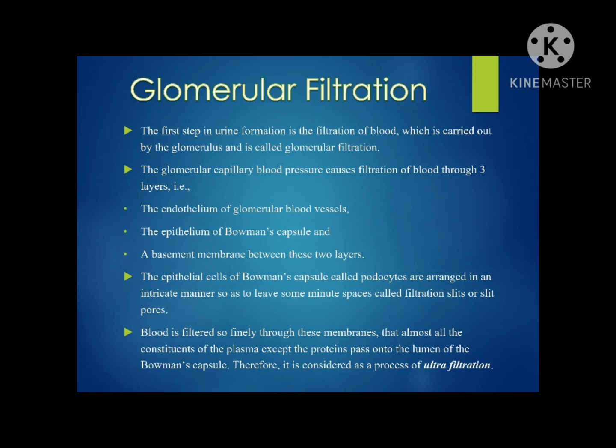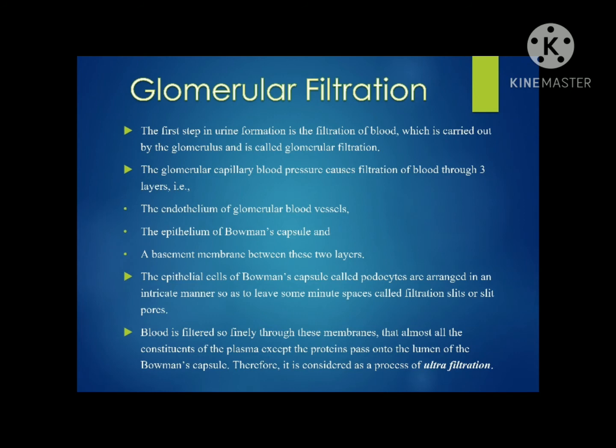The glomerular capillary blood pressure causes filtration of blood through three layers, that is, the endothelium of glomerular blood vessels, the epithelium of Bowman's capsule, and the basement membrane between these two layers. The epithelium cells of the Bowman's capsule, called podocytes, are arranged in an intricate manner so as to leave some minute spaces called filtration slits or slit pores.